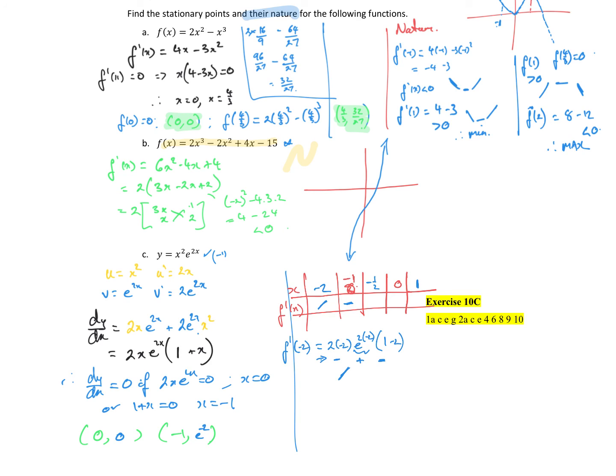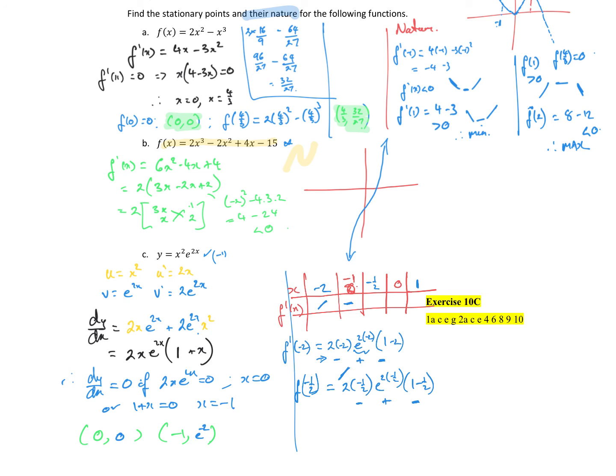So what about -1/2? What's -1/2 give me? That'll give me 2 times -1/2, e to the 2 times -1/2, outside of 1 minus 1/2. 2 times -1/2, well, that's negative. That's positive there, e to the -1. 1 minus 1/2 is also negative.